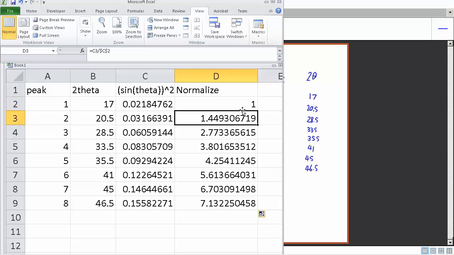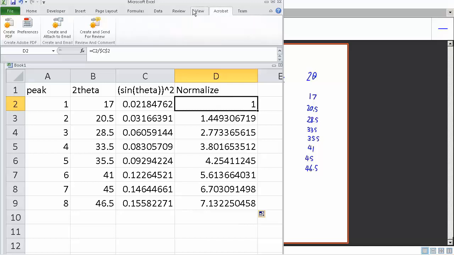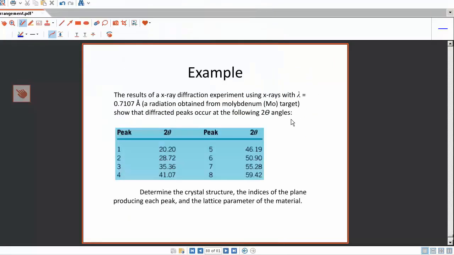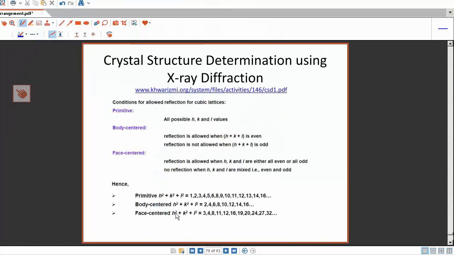1.4, okay, not an integer. No, not an integer. Could be close to a 4. That's close to a 4. Not really. Okay, this doesn't look very good. It doesn't really seem to follow any pattern. So why don't we look at the selection rules again to see what it could be.